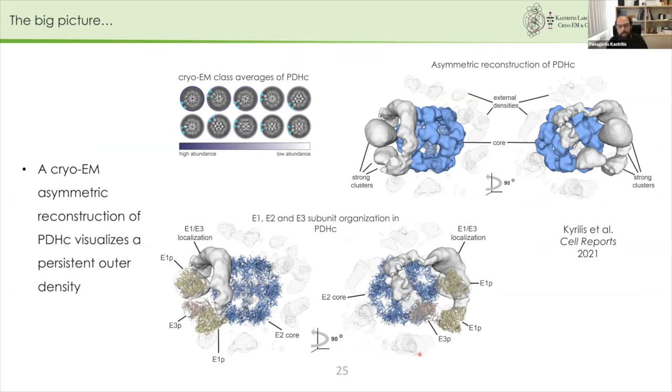So in this model, what we present is the first model of how the E1, the E2, and the E3 are spatially organized.